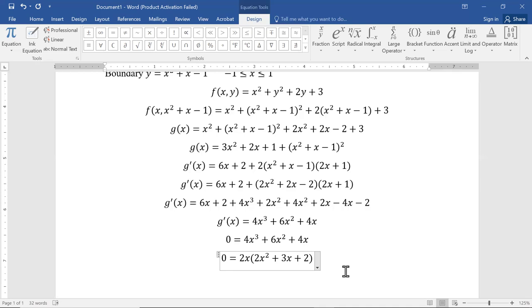It turns out that this happens when x is equal to 0. This quadratic actually has no real numbers that give you 0. The solutions to this quadratic equation equaling 0 are complex.